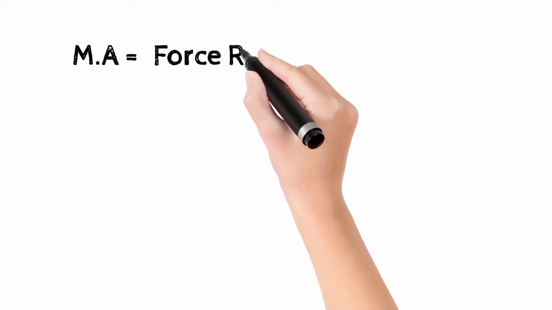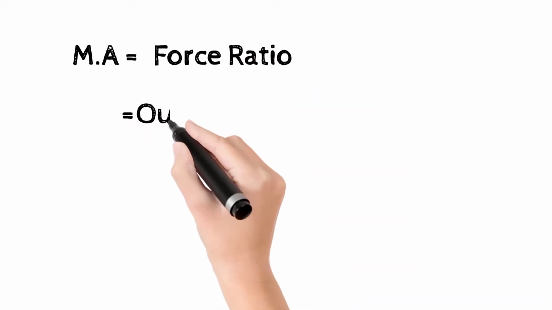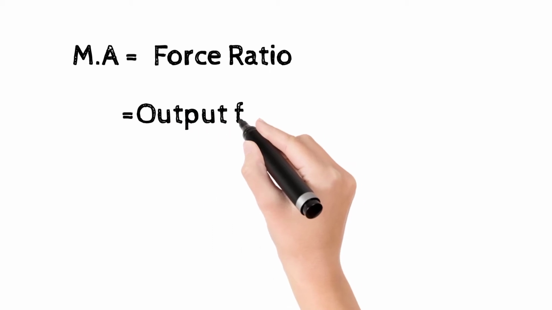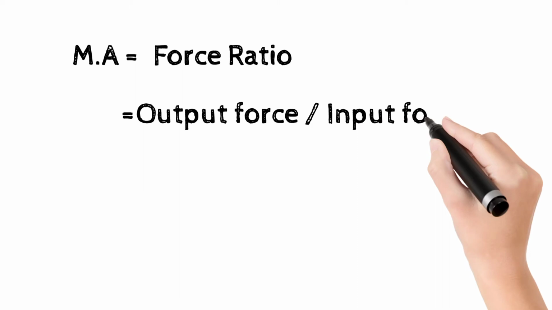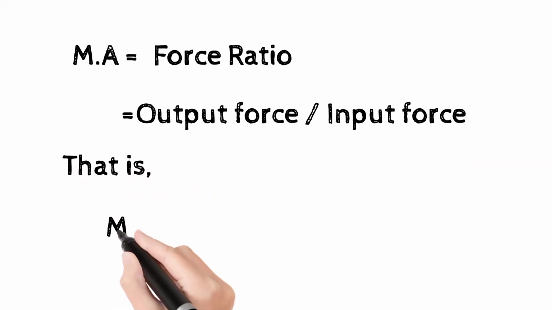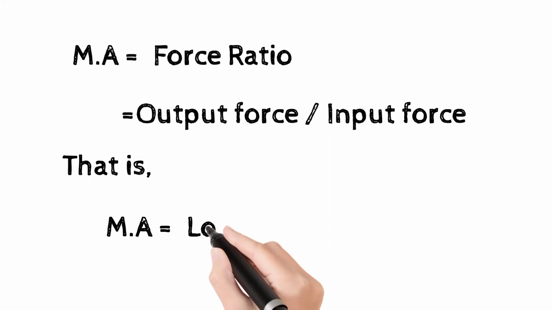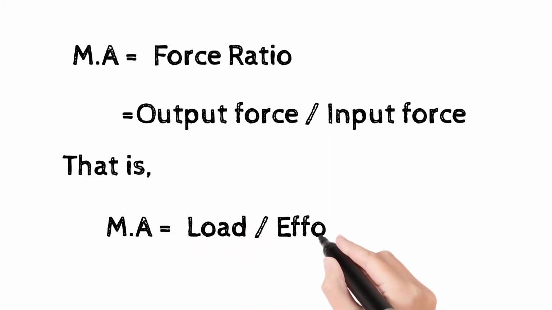Load over effort can also be called force ratio, which means that mechanical advantage is force ratio. The load that we have is what we call the output force, while effort is the input force. Therefore, mechanical advantage is load over effort. Now, with this definition, we find out that mechanical advantage has no unit because of the force ratio.